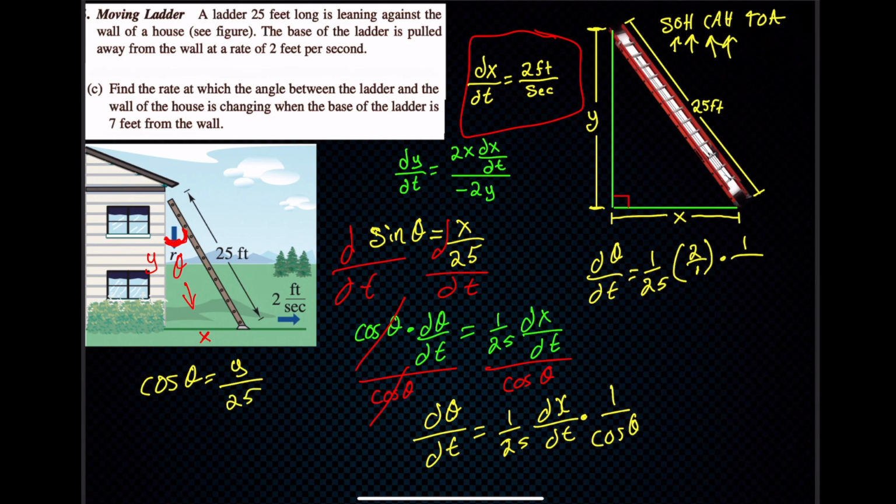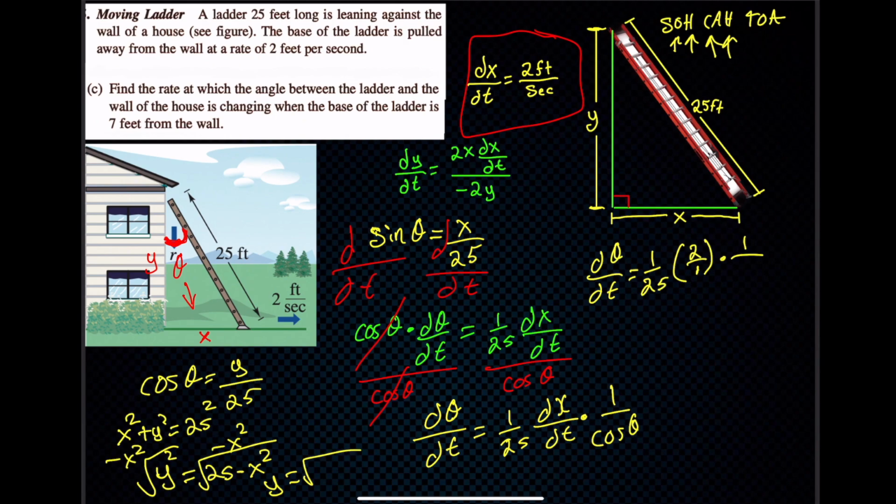Now, if you want to find out what the y value is, we can simply say x squared plus y squared equal to 25 squared. Therefore, we subtract x squared, so y squared equals 25 squared minus x squared, and taking the square root, y is equal to the square root of 25 squared minus x squared.